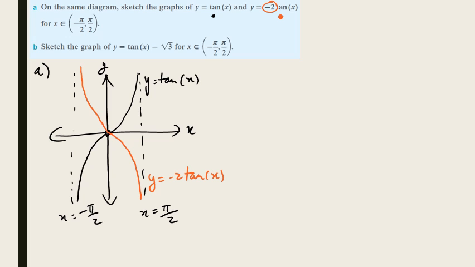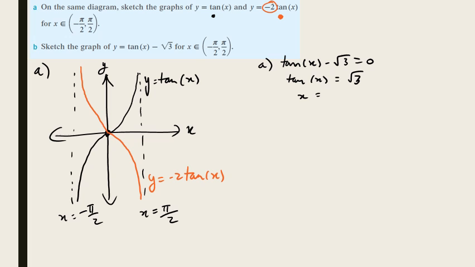Alright, so now on the next one, sketch the graph of y equals tan x minus root 3. That means it's now shifted down by root 3. So our x-intercepts aren't going to be the same, so maybe we should firstly work that out. As you can see from the first one, we'll just have one intercept anyway, so we just need to work out the first one. So tan of x minus root 3 equals 0, so tan of x equals the square root of 3.